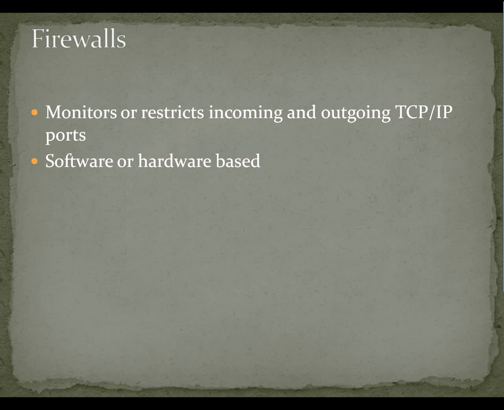So that's kind of an idea of what firewalls do. Again, I wanted to bring those up just so you know that firewalls sometimes can cause problems, and if you're trying to help somebody with their email and you're having trouble, a firewall might be the culprit.